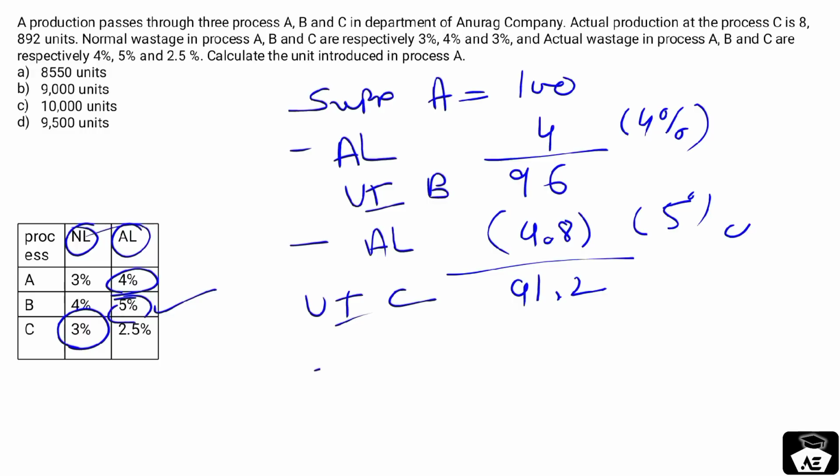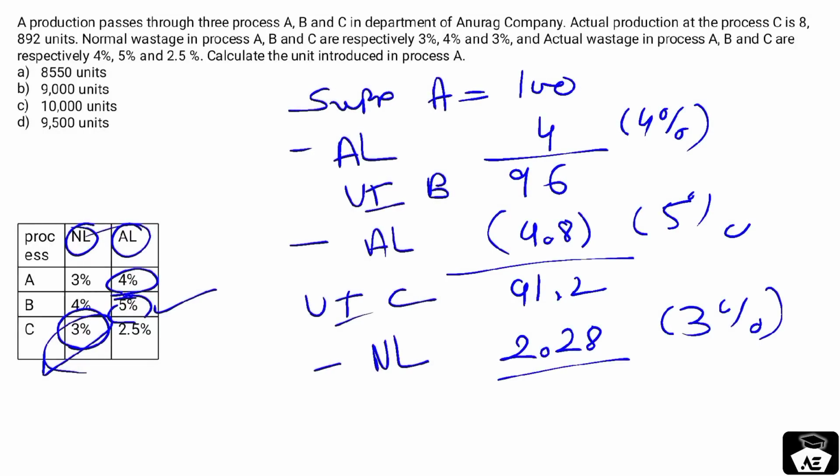And again, in this process C, you have to consider normal loss because it's higher in value. So normal loss is 3%, so it will be 3% of 91.20, which is 2.28. So for the end, you will get finished goods at the end of process C as 88.92.